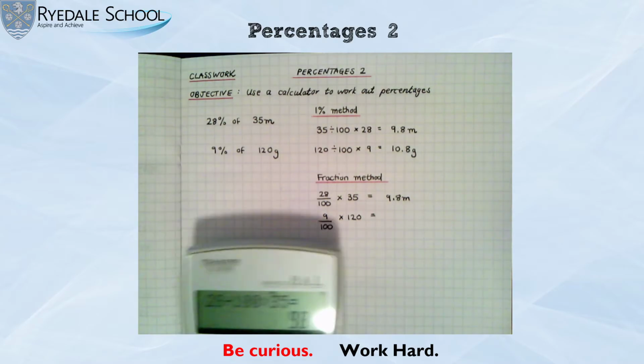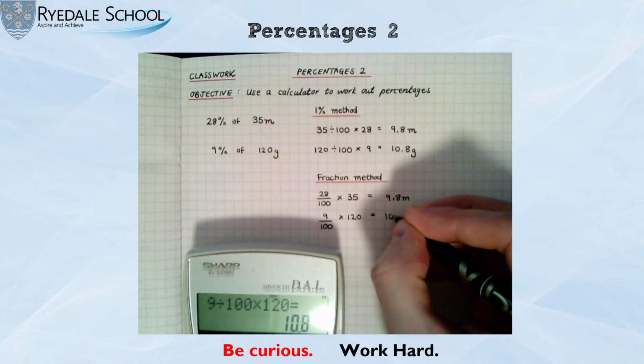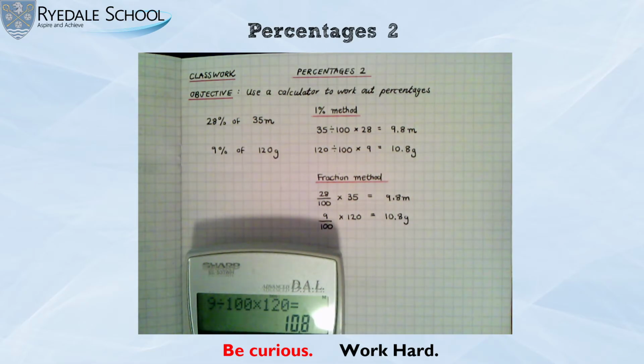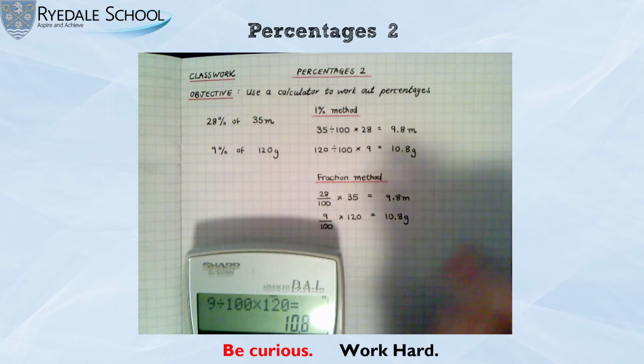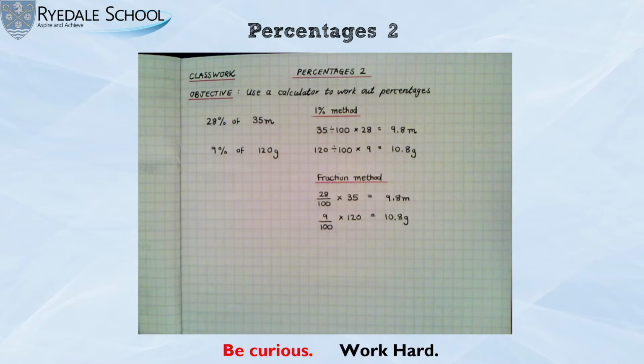And if we do that, just quickly show you, we get exactly the same answer. 9 divided by 100 times 120, 10.8 grams. Okay, so that was the second method using fractions.